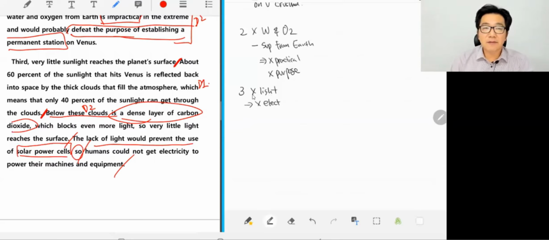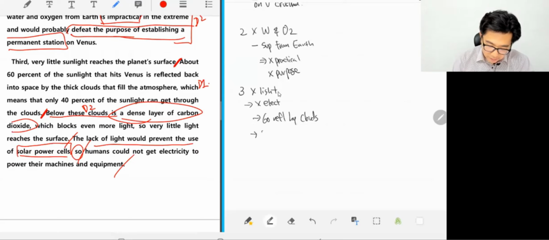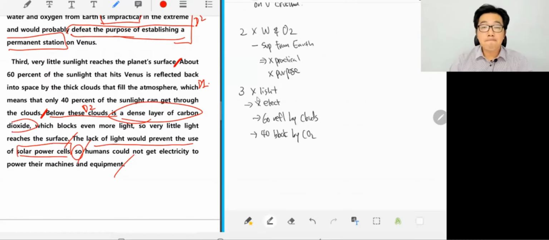Not enough light to be able to live. Okay, topic sentence. And detail 1, 60% reflected by clouds and 40% left. But even then, some of this 40% is blocked by a dense layer of carbon dioxide.